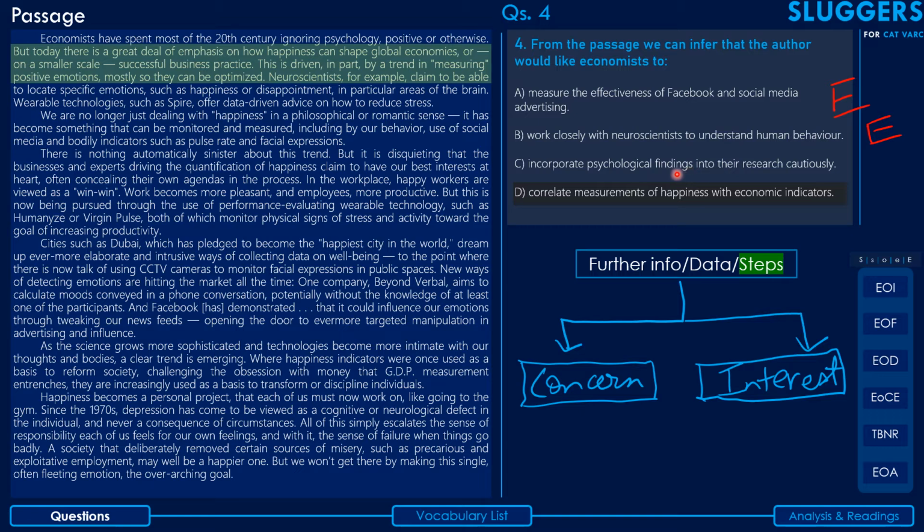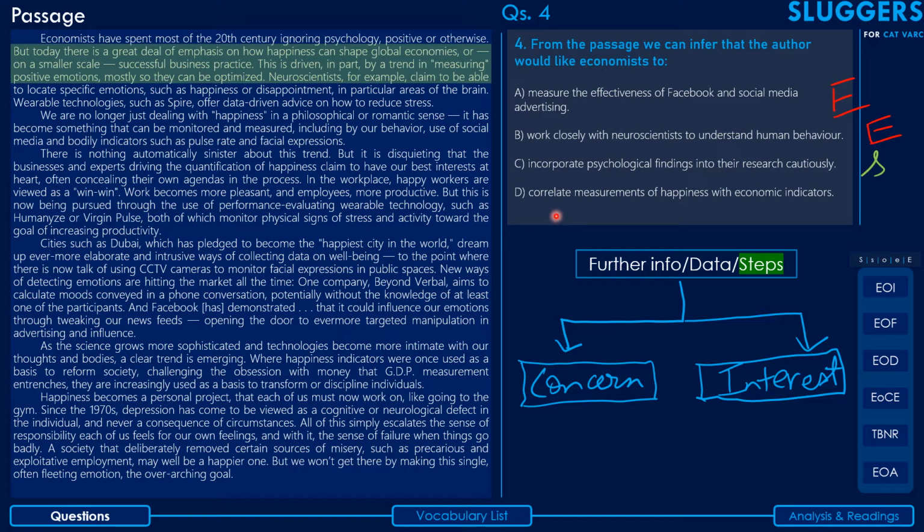The psychological findings which economists might or might not incorporate in their research will definitely be of concern, because he has already demonstrated here that even a slight change in the perspective of economists with respect to psychology has potentially led to such negative repercussions, right? So it is definitely something that concerns the author, and hence it is quite likely to be the answer. Okay, definitely a weak selection if not strong. So yes, the author might like the economists to incorporate psychological findings into their research cautiously.